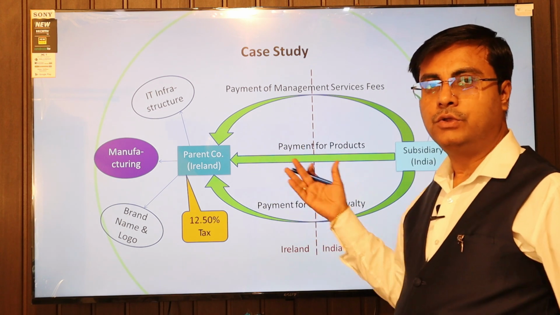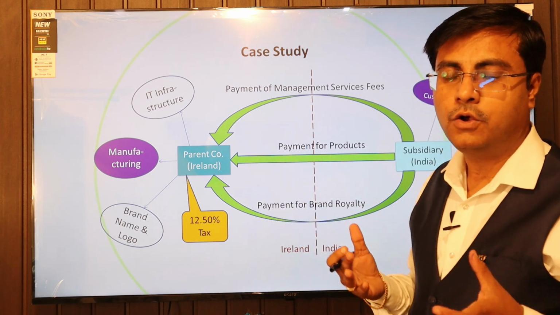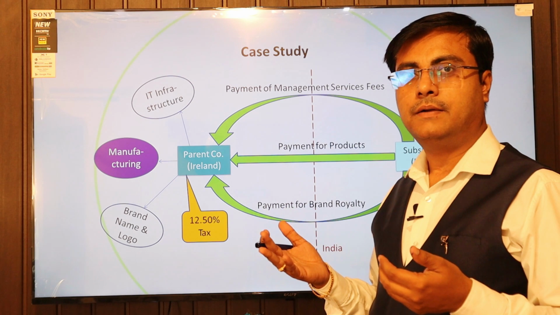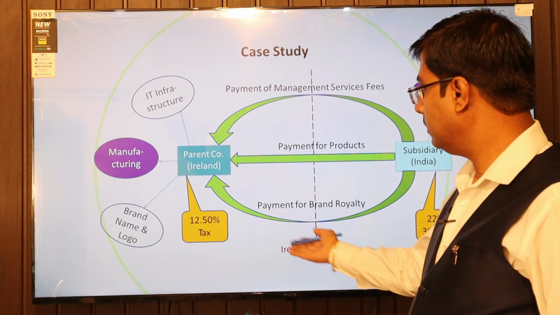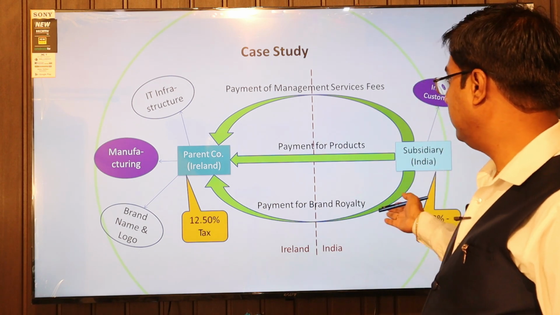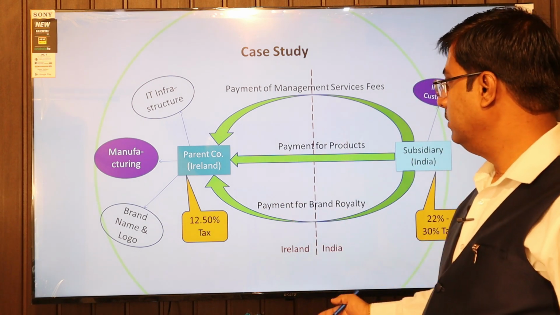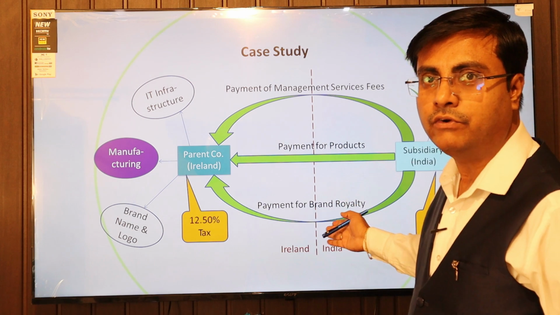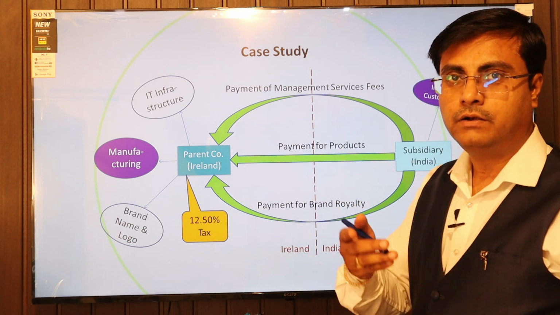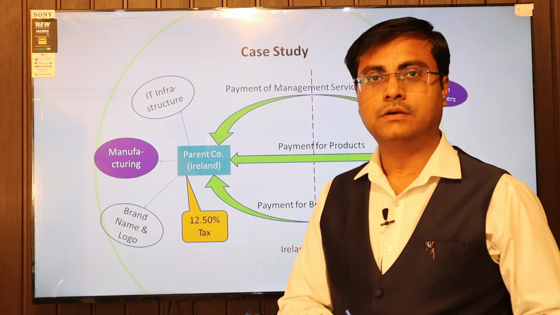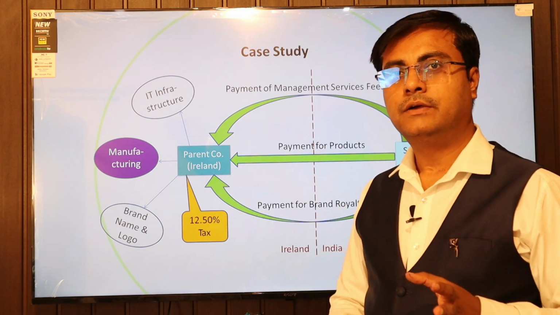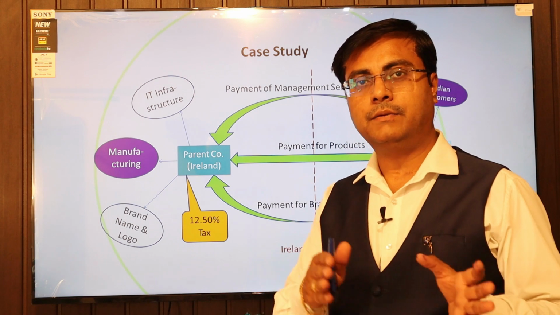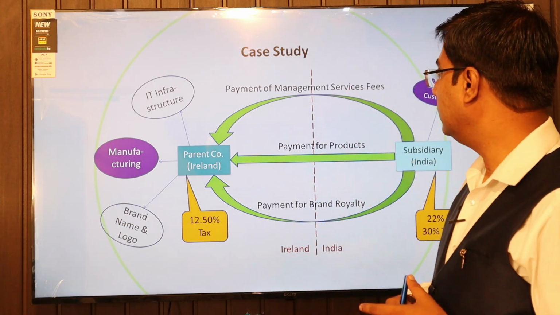You may be importing at a higher price or exporting your goods at a lower price, and you park your Indian subsidiary's profit abroad in the form of royalty and fees for technical services. Right now the TDS rate on royalty and fees for technical services is 20%, but you can enjoy a lower rate as per the treaty. That is another thing.